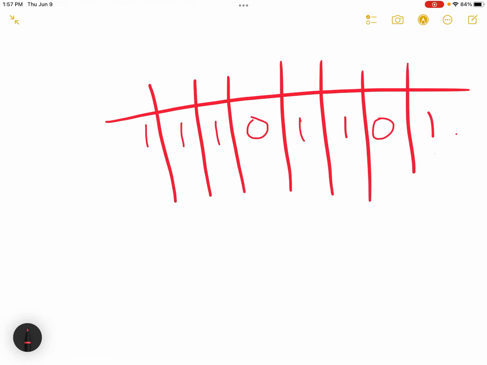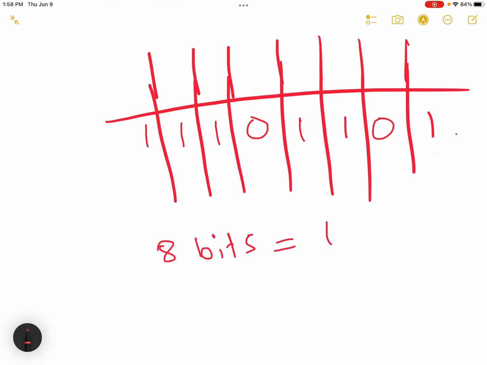And again, in binary they use 8 digits. Mostly in the binary system we have 8 digits, or we can call it 1 byte. I know you are familiar with the byte; if you use a phone or computer, you've heard about GB and MB. So in binary systems, 8 bits is equal to 1 byte.